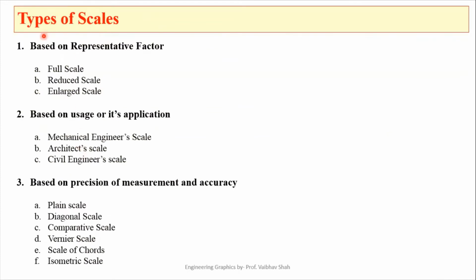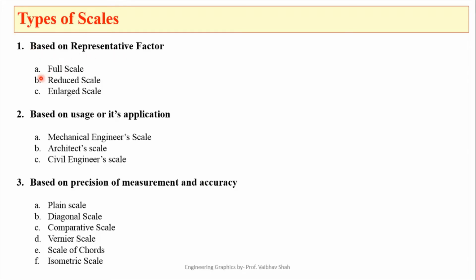Now, what are the types of scales? The types of scales can be divided into three categories. First, based on representative fraction. Second, based on usage or its application. Third, based on precision of measurement and accuracy. Let us start with the first one, based on representative fraction.